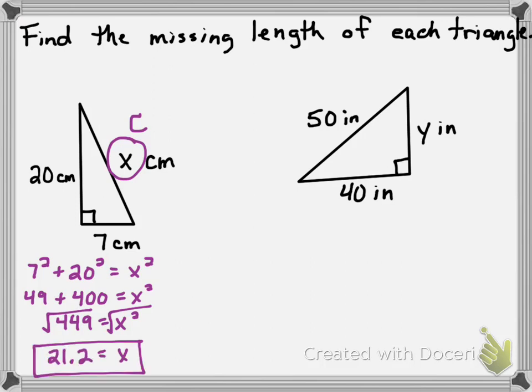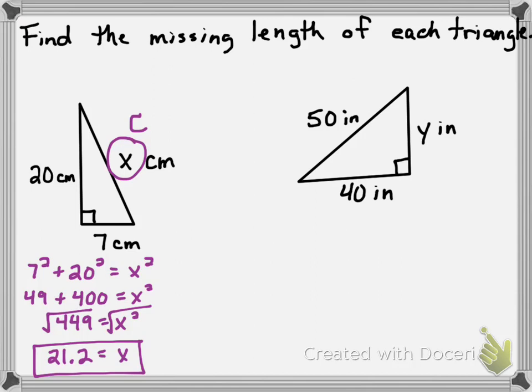I just put that in my calculator. Maybe I could have approximated it if I knew my perfect squares that high, but I don't have to worry about that. I just type this in my calculator, round to the nearest tenth, and I have 21.2. So this side is 21.2 centimeters long.